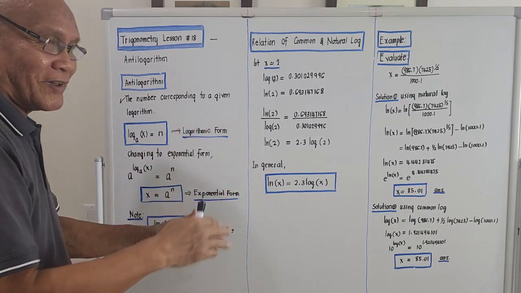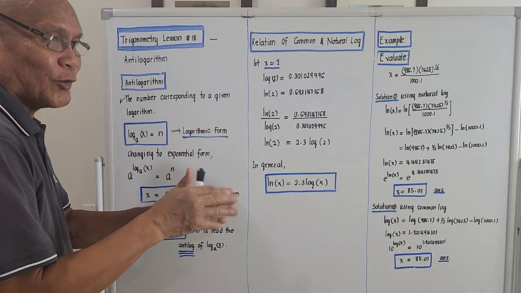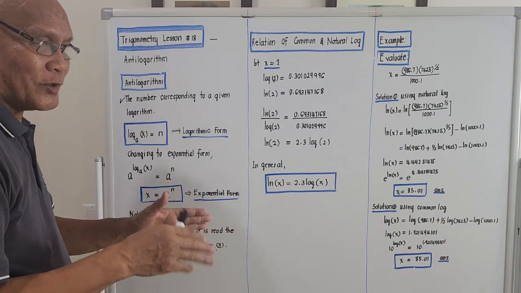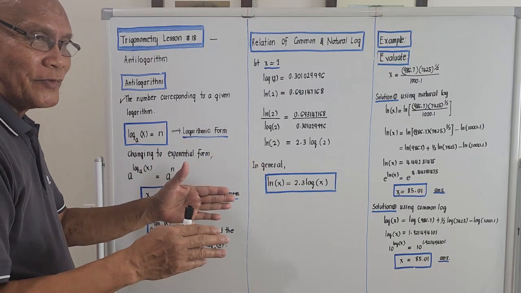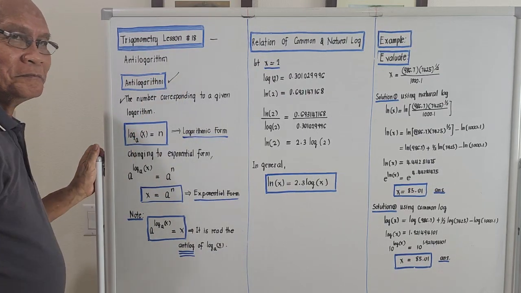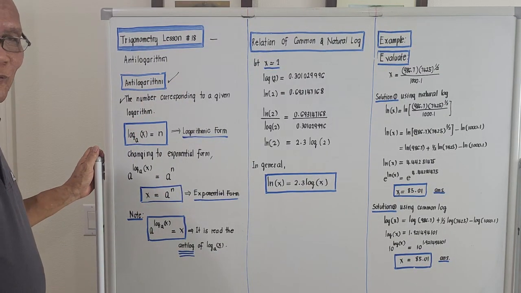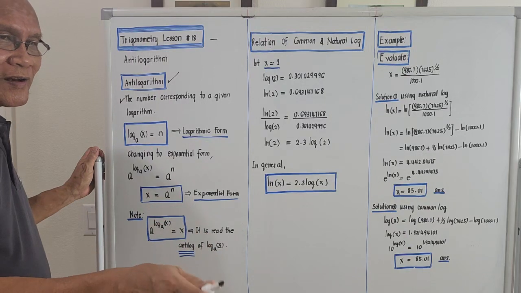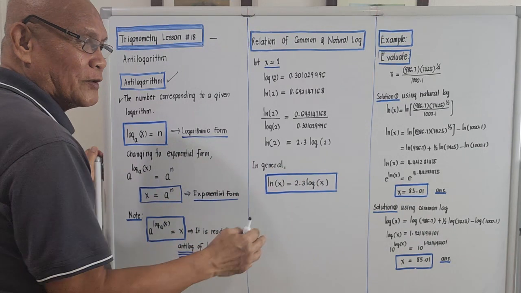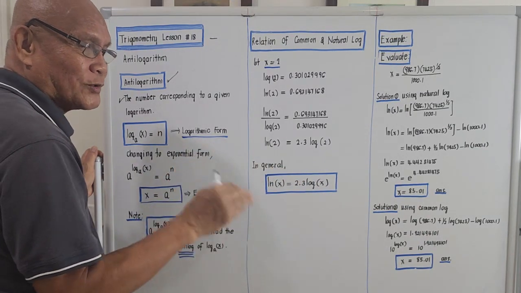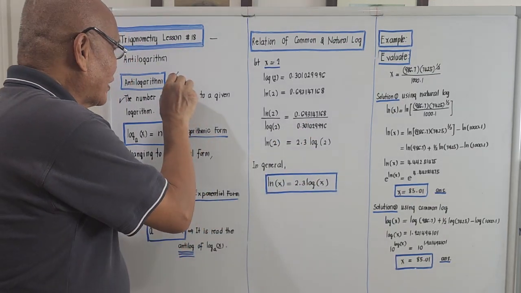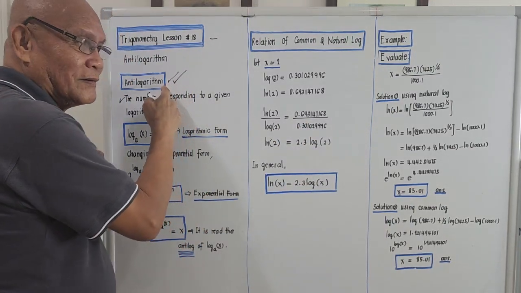If we are given a logarithmic form and we are asked to find the exponential equivalent, that exponential equivalent is actually the anti-logarithm. So we just apply our knowledge under the study of algebra. If we are given the logarithmic form, we just change that form to an exponential form, and we have taken already the anti-logarithm of that given number.